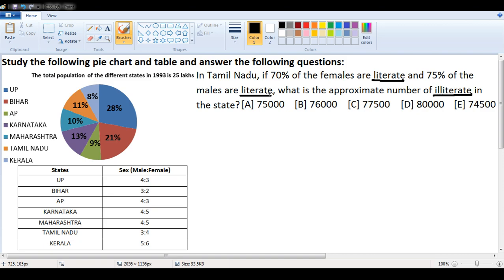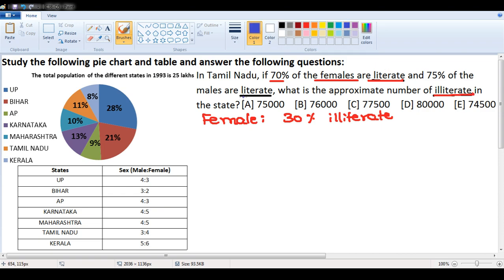Given male and female values are for literates, but the question is for illiterate. Now can I say that 70% of females are literate? That means remaining 30% of females are illiterate. Why am I taking illiterate? Because the main question is for illiterate.